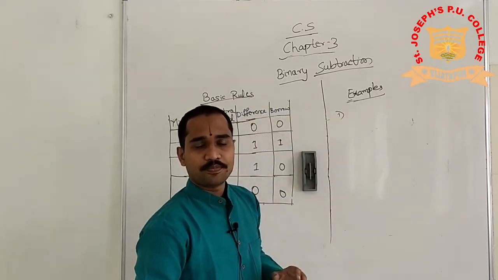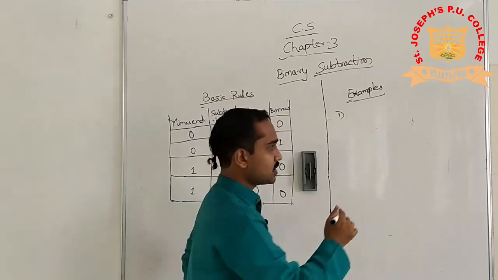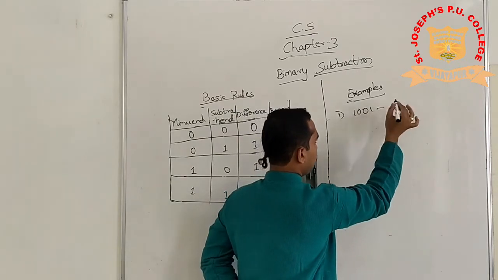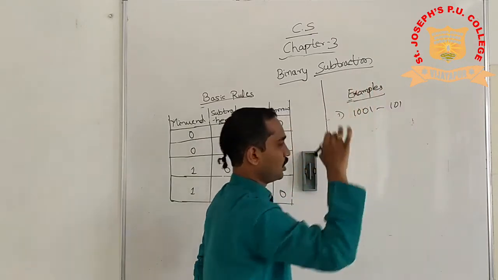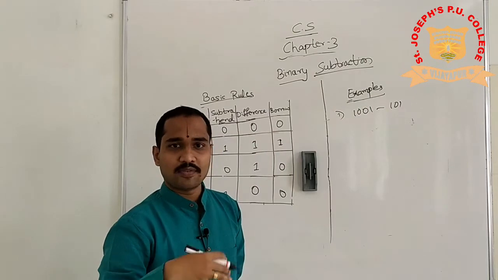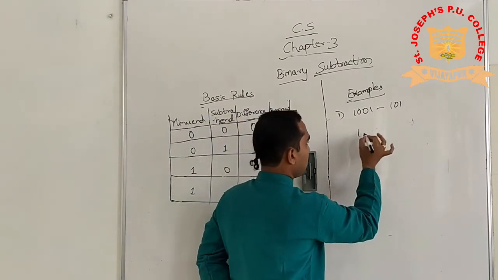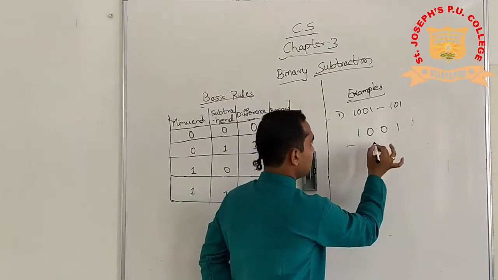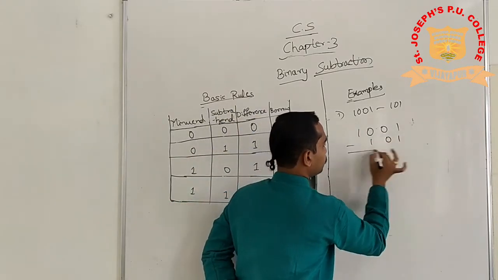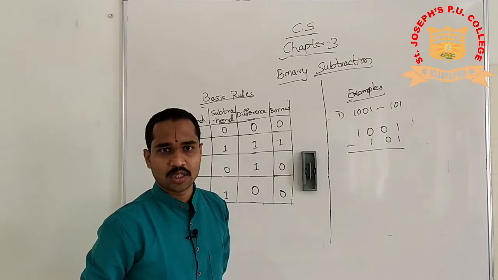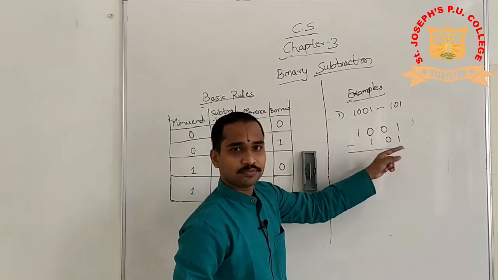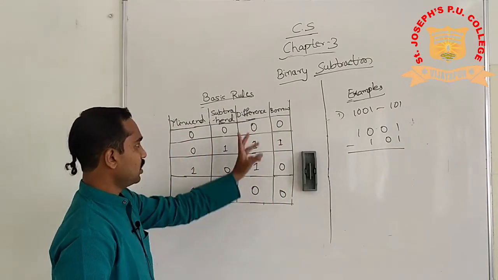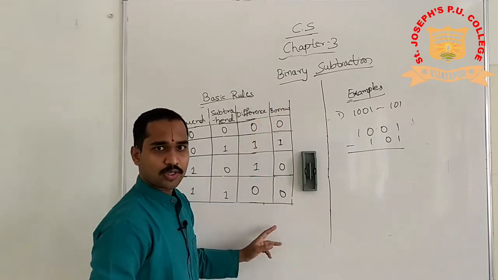Okay, take some binary numbers first. 1001 minus 101. Okay, these are the binary numbers. You have to subtract them. So 1001, correct, minus 101. Okay, so 1 minus 1, difference is 0, borrow is also 0.